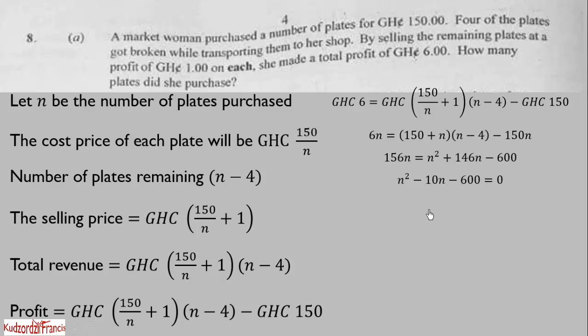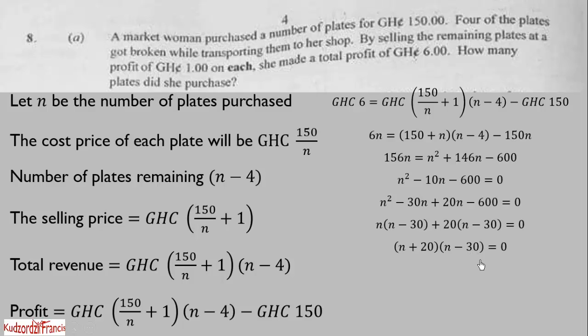The next thing we do now is to factor this. So we split the middle term. Negative 30 times 20 will give you negative 600, and when we add these we get negative 10. So we can factor. We collect factors further, collect n minus 30, and that will give you this.